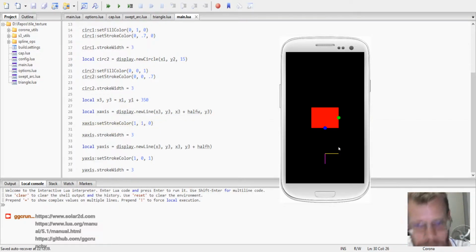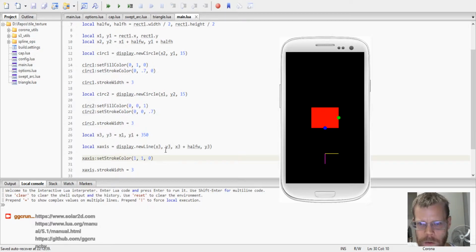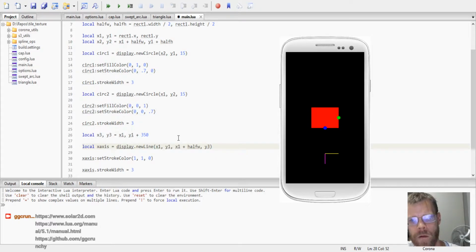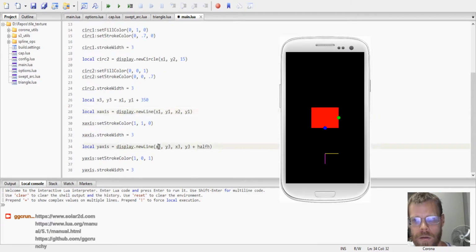Okay, so x-axis, y-axis. These are the typical axes we'll follow. And actually, maybe we'll just move those back up onto the rect itself.